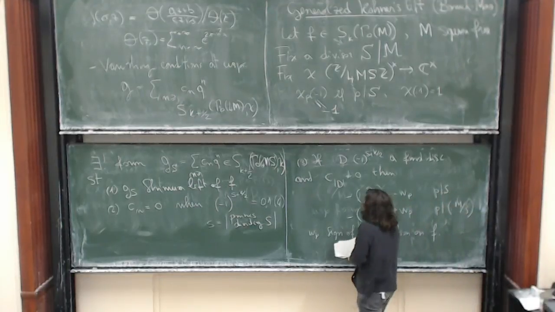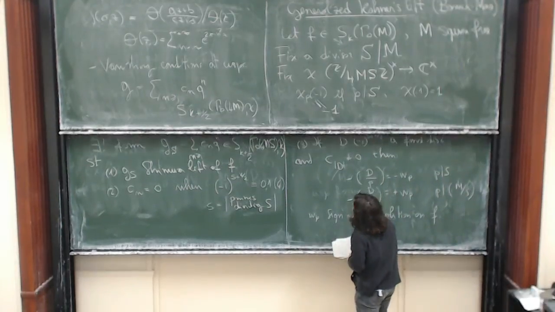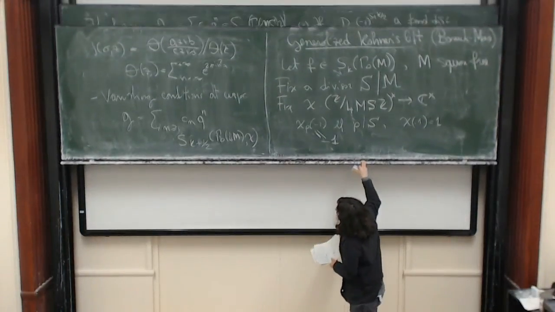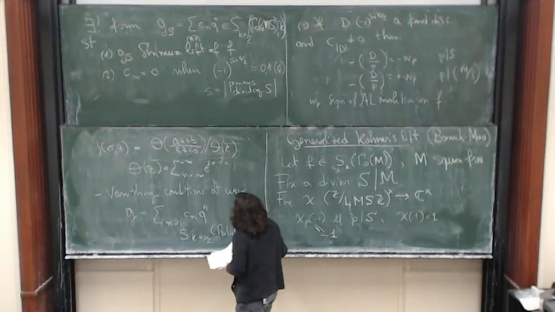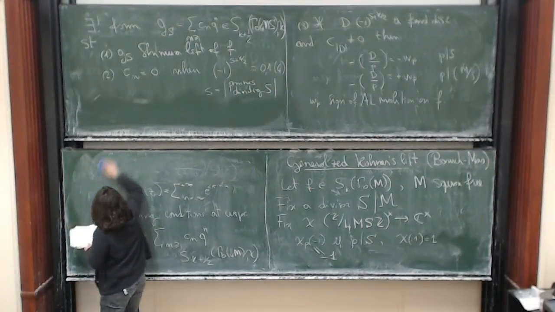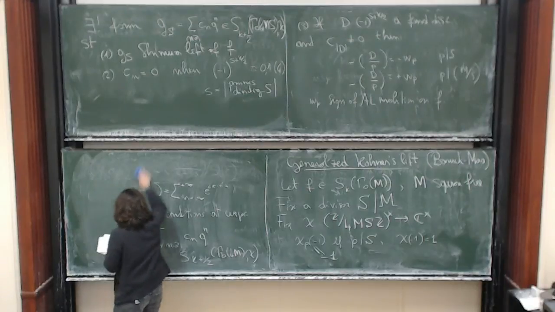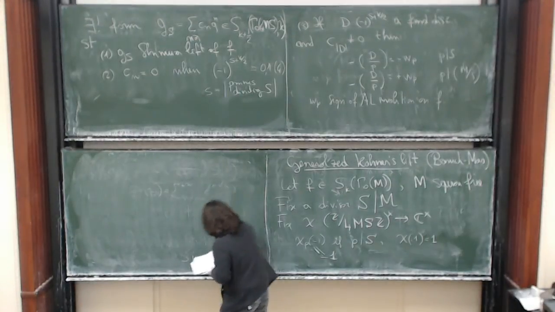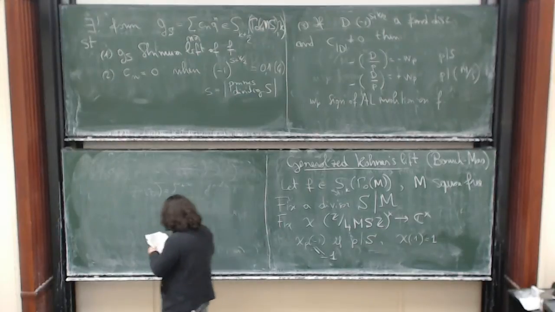And finally, we have the most important condition. These are just some technical conditions somehow, but the important condition comes now. Why is this called generalized Cohen lift? Because it interpolates special values of L series. So now I'll be more precise on this.